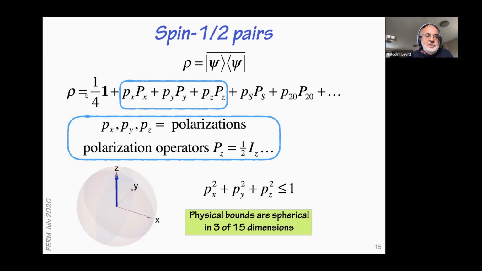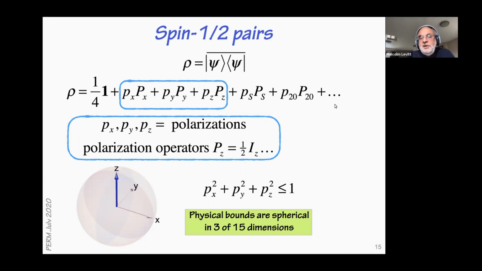One of them is the unity operator, which is now divided by 4 because there are 4 states. So in fact, you have a space of 15 dimensions in which you can represent the state of the spin ensemble. So it could be represented as a vector in 15-dimensional space.